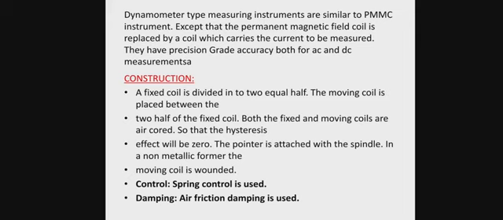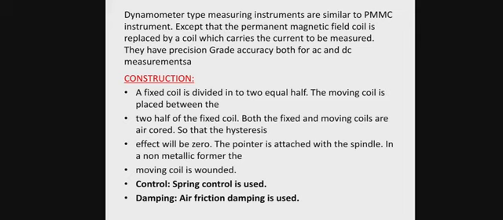Both the fixed and moving coils are air-cored so that the hysteresis effect will be zero. The pointer is attached to the spindle on a non-metallic former. The moving coil is wound.